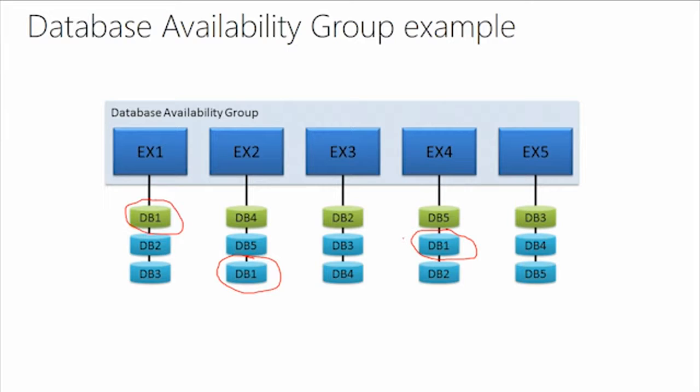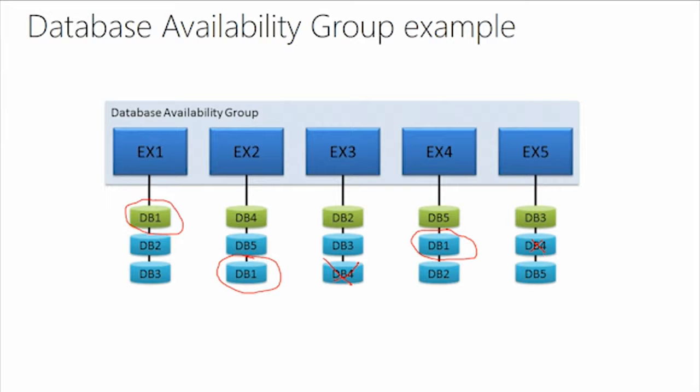It's not on every server. It can only be active on one server. Other databases like this database 4, it's the same story. It's active on server 2, EX2, and it's passive on the other servers. So there's database 4 on that server as well, and over there.